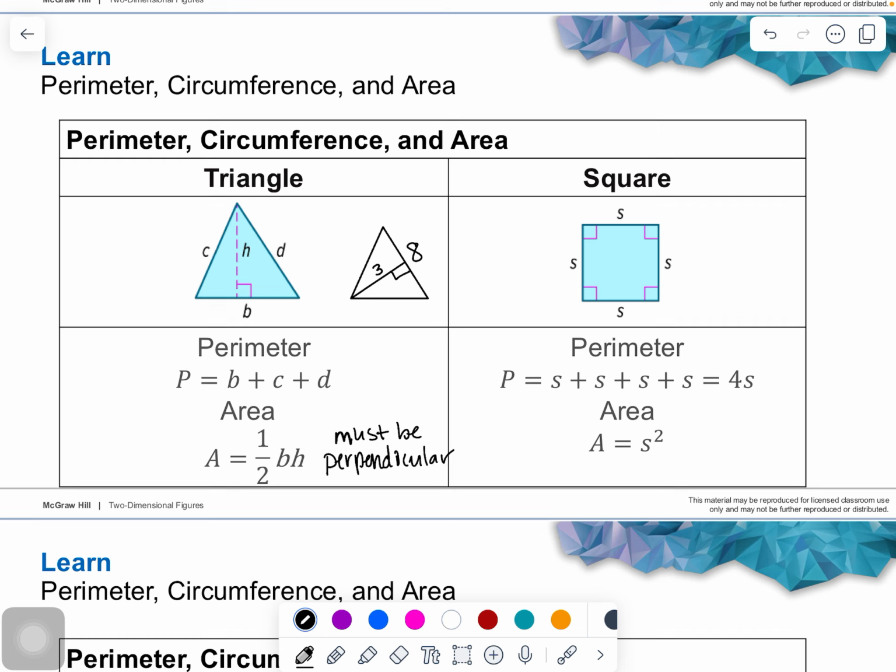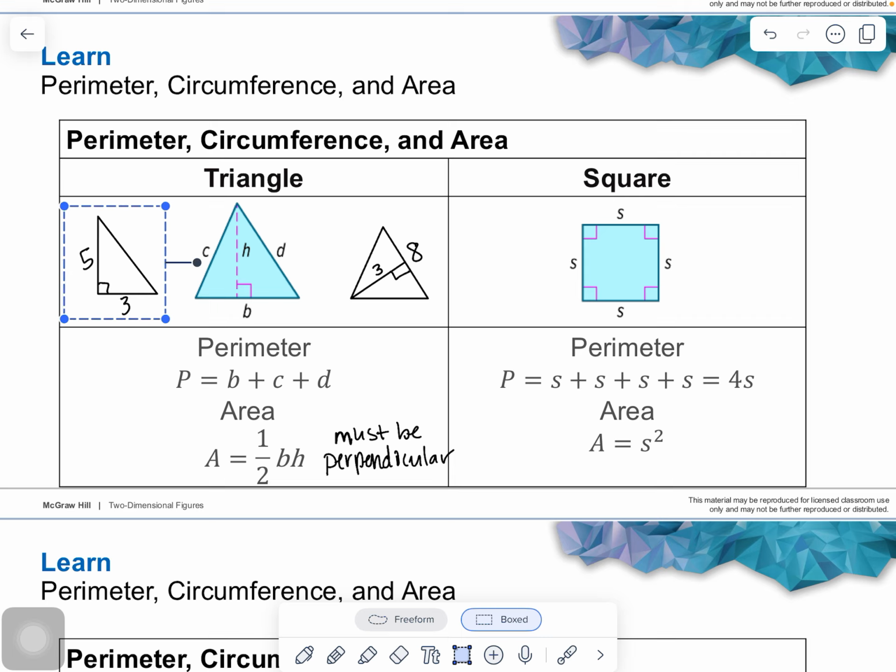It would be 1/2 8 times 3. Or you might see a right triangle, and this would be 3 and this would be 5, and then you would know that it would be 1/2 5 times 3. Okay, so they might all appear differently, but that base and height are always going to be perpendicular to each other.